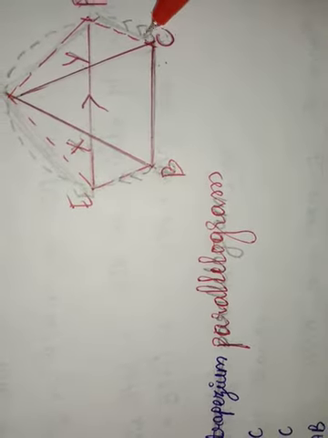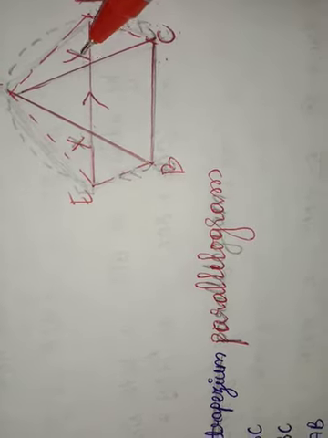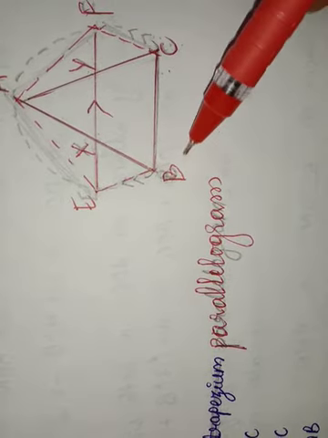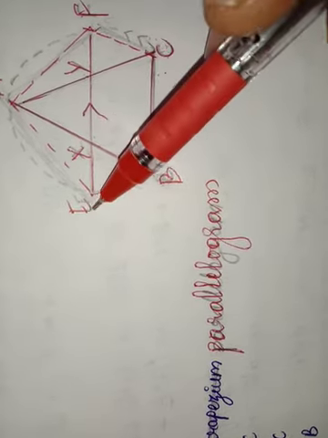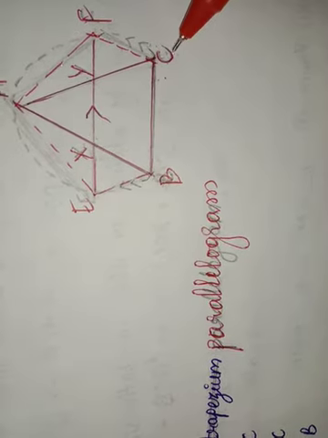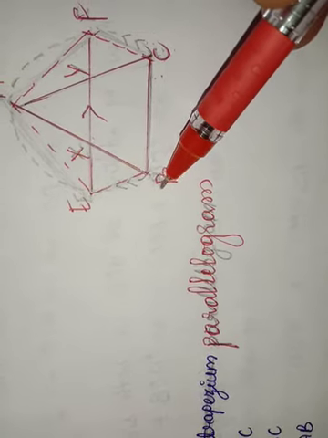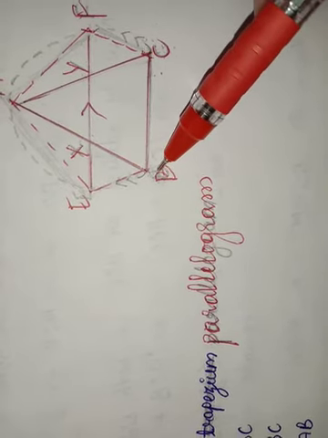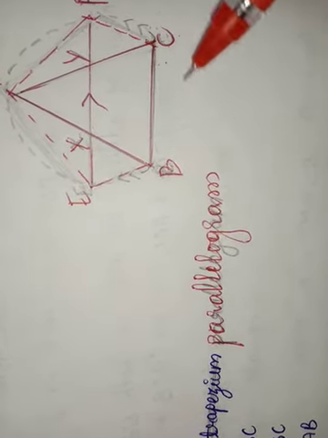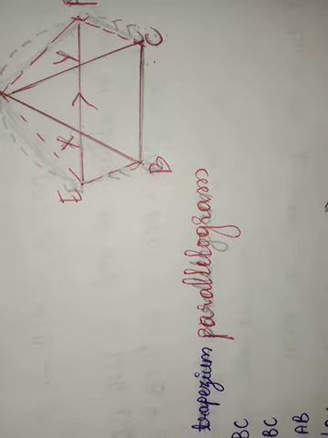Therefore, BECY is a parallelogram. Similarly, XY is parallel to BC, XF is parallel to BC, and CF is parallel to BX, or AB. Therefore, BCFX is a parallelogram.